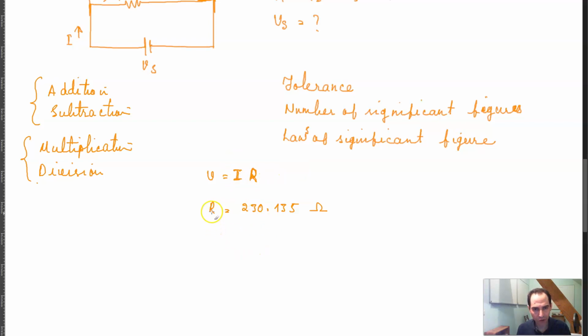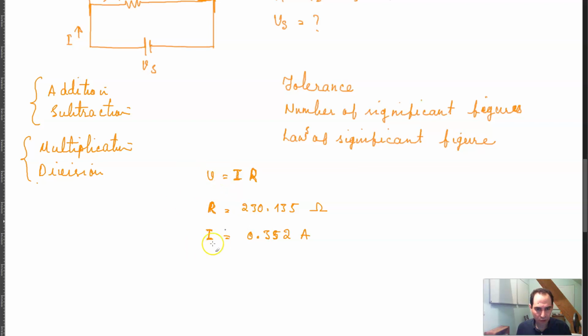And you have a current going through this resistor, which is, for example, 0.352 amps, 352 milliamps.